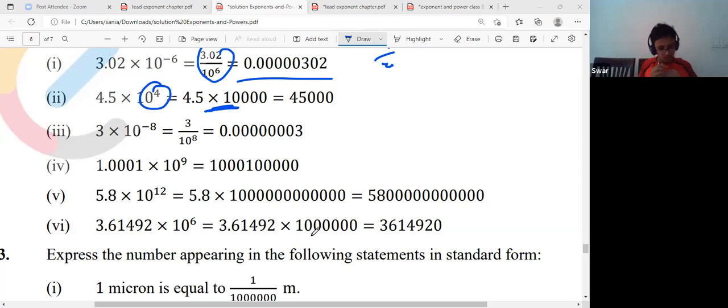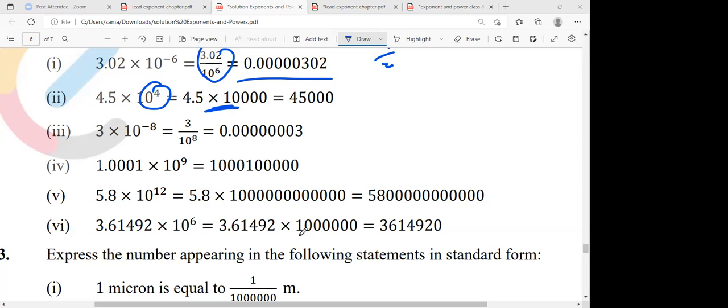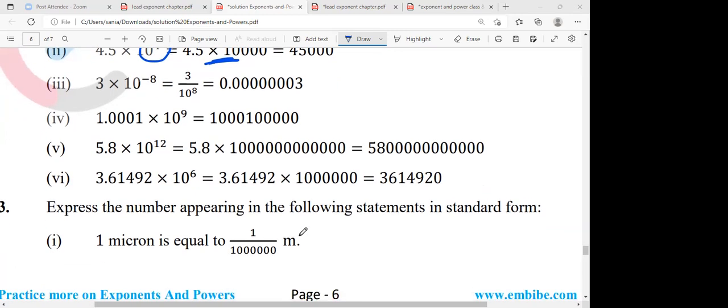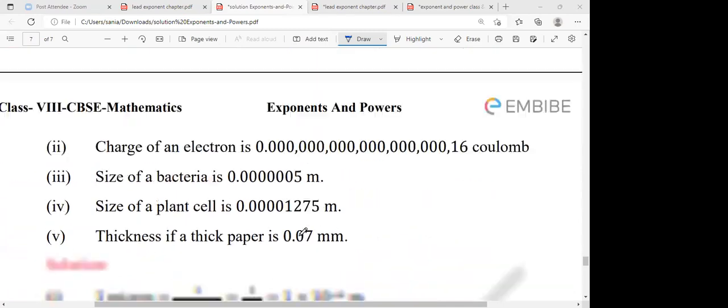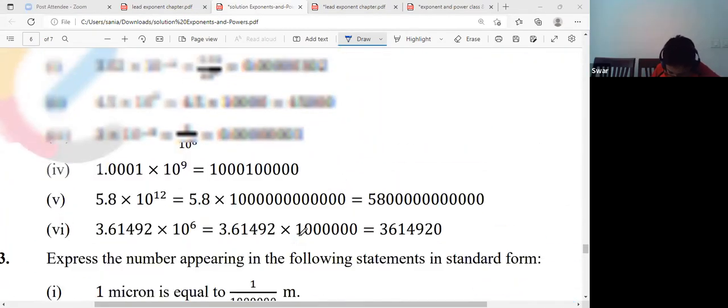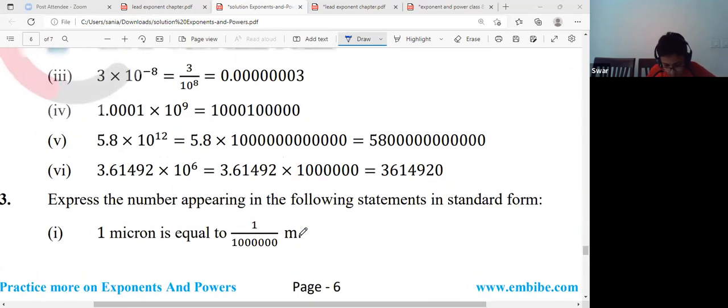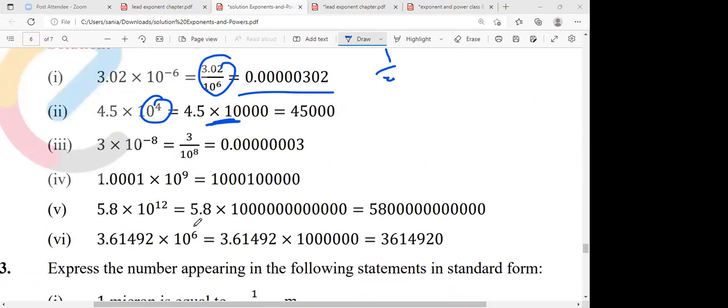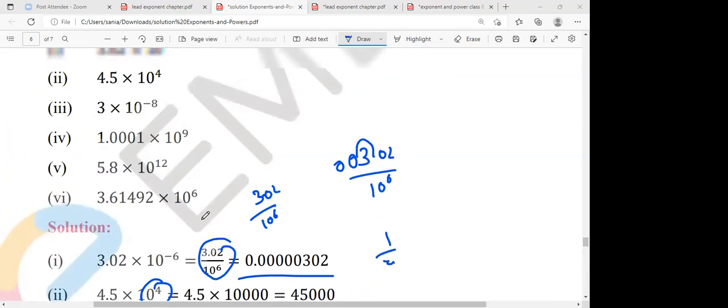Ma'am, 1 to 5 are all correct. The sixth one is wrong. Why? What did you do? Tell me. It was very simple. It was 10 raised to the power 6, right?